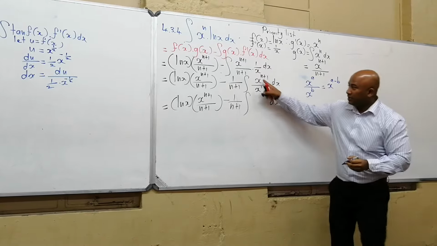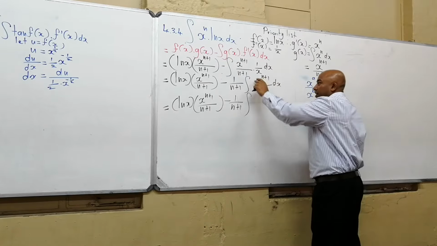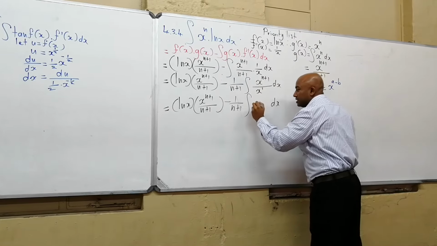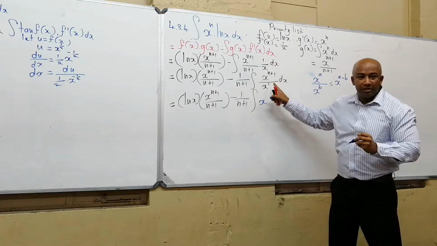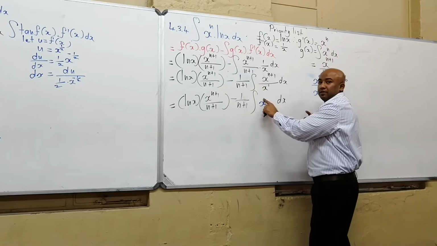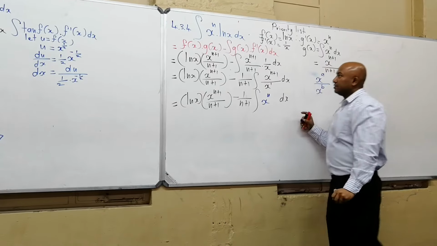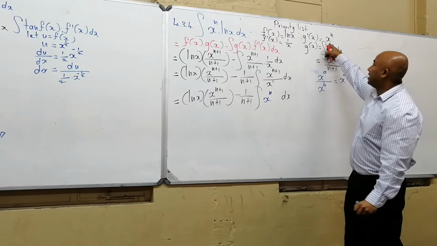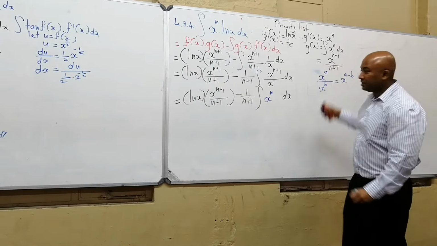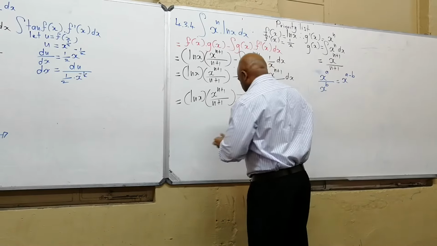So you can see we have the same situation. You write down the base once. Your top exponent is n plus 1 minus your bottom exponent is 1. So what remains? Just 1. Okay, so it's just like going back and integrating the same thing. Can you see that? Now we can integrate.